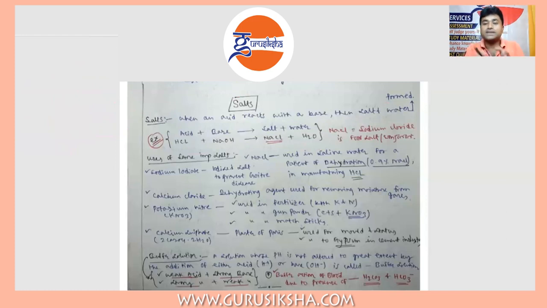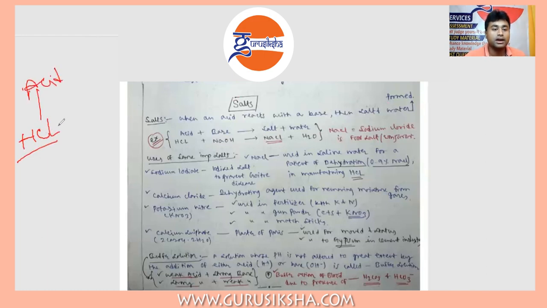Now I am going to explain with an example, in a proper way. Suppose HCl. What is this? This is an acid, hydrochloric acid.